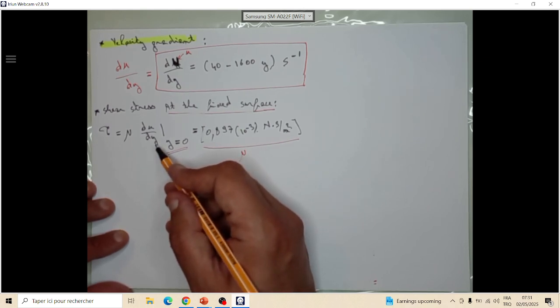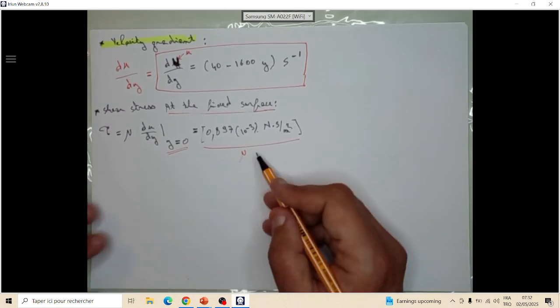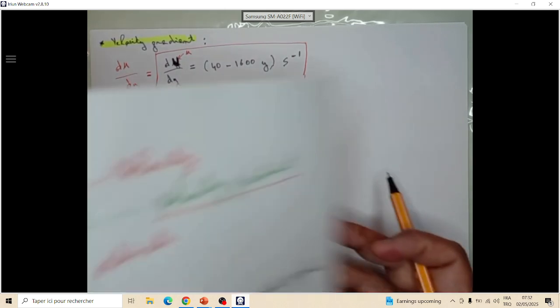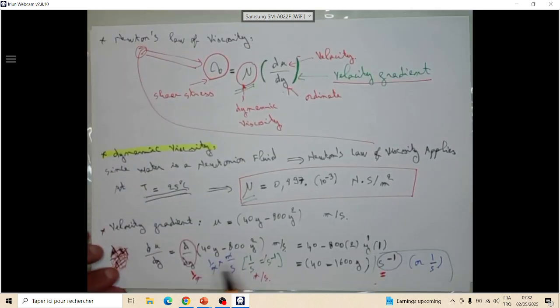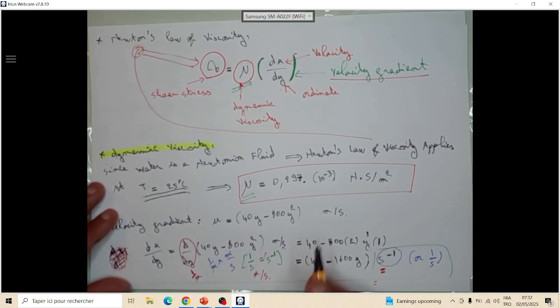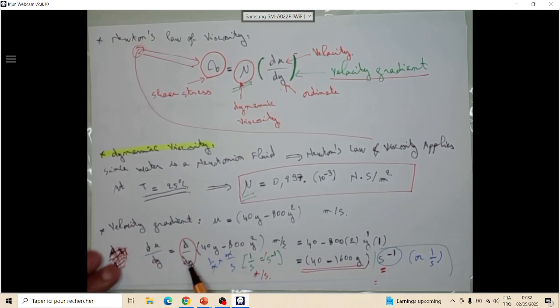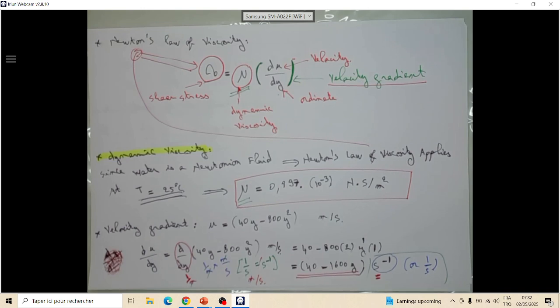This is the expression that we have found for the derivative of u with respect to y.